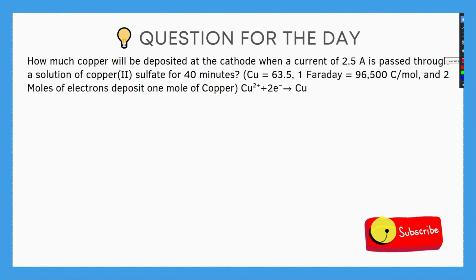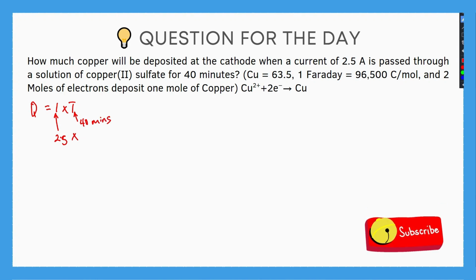To calculate Q, the total charge that is used in the chemical reaction, Faraday's first law of electrolysis states that Q is equal to I multiplied by T. Q here stands for the total charge used. I stands for the current of electricity in amperes, and it is 2.5. T stands for time in seconds, and we have 40 minutes.